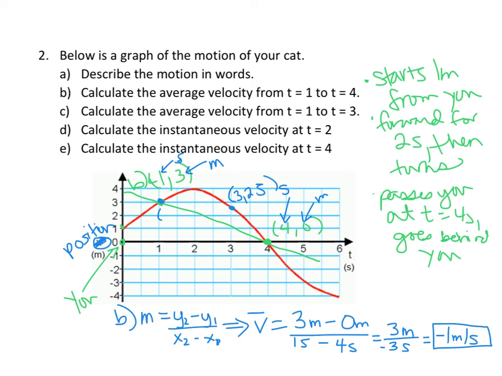This point here was (1, 3). So you do have a decimal in that. So I want you to try that one on your own. Pause the video and do that. And you should get that your velocity there is about negative 0.25 meters per second.